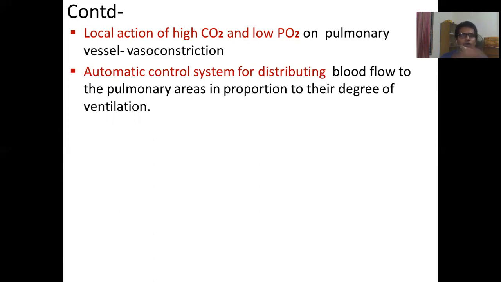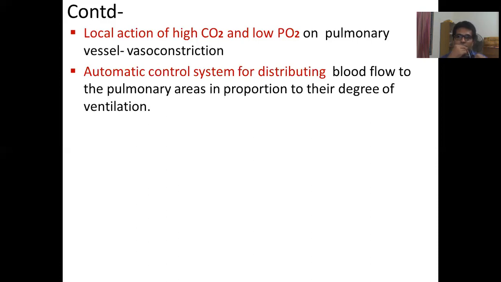Suppose there are 300 million alveoli, and some of these alveoli get less ventilation. So what will happen? As the partial pressure of oxygen in the alveolar air goes down, that will cause vasoconstriction of those alveolar capillaries.